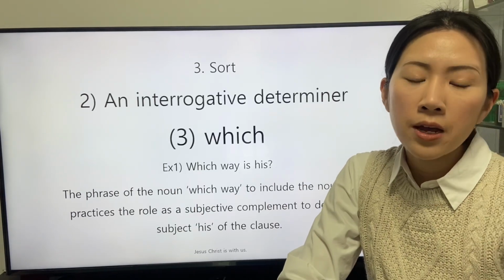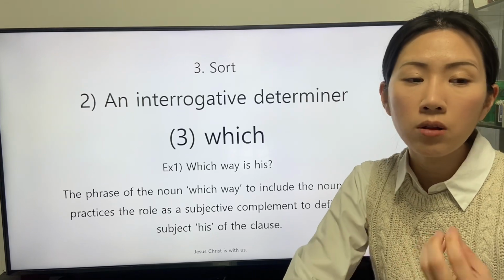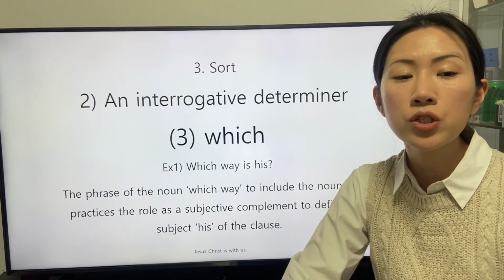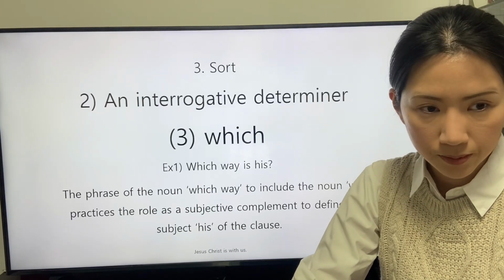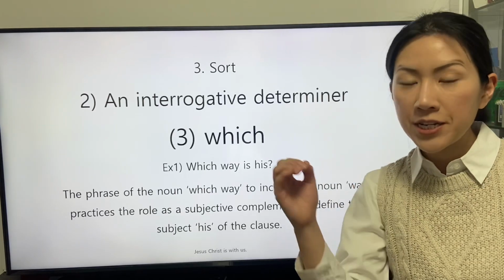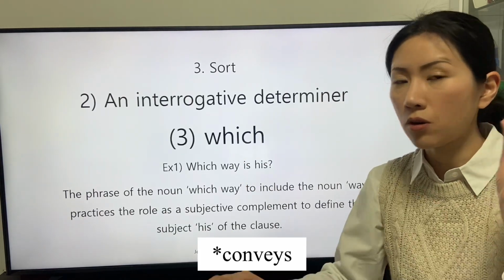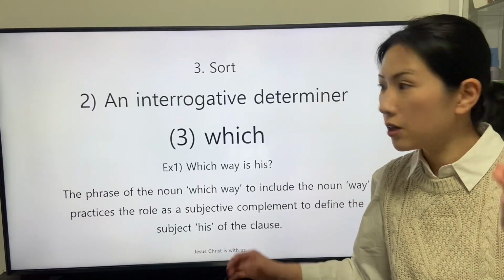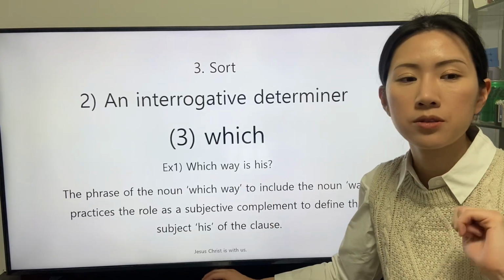The phrase of the noun which way, to include the noun way, practices the role as a subjective complement to define the subject his of the clause. The definition of the be verb is the context of the arrangement of the two indications.